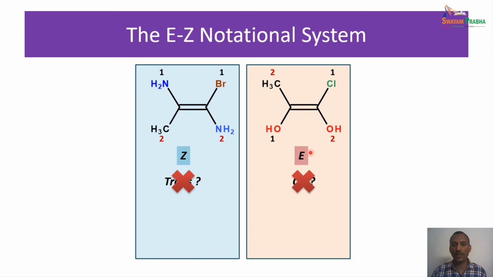So this is an E isomer and it is not the cis isomer. This way the EZ nomenclature helps us assign the correct configuration without any difficulty or confusion, whereas cis trans isomer always leads to confusion. So that is the reason the EZ nomenclature is the most preferred one for this stereo description.